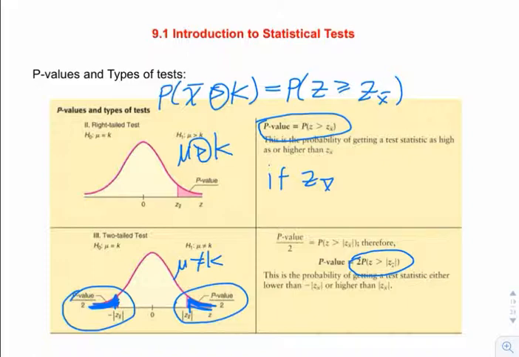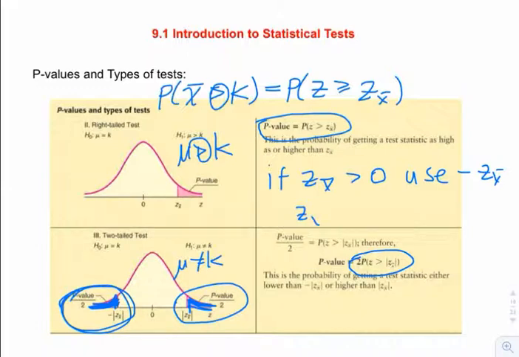Since our table tells us the area to the left of a value, let's always use the negative one. So if z is positive, we're going to use negative z x bar. Here's an easier way. Just make it negative.